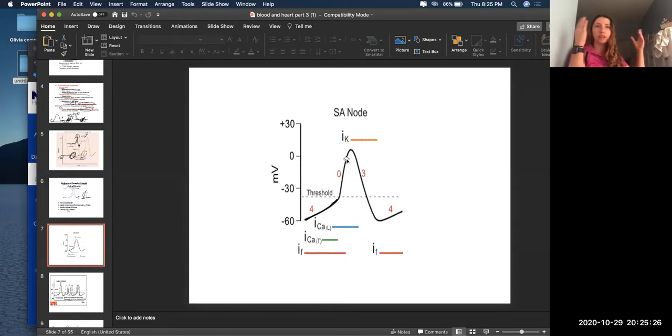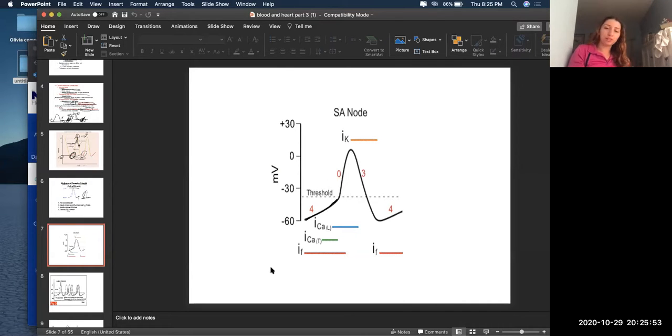So if she ever asked whether the SA node depolarizes the area in the atria, it does. They wouldn't contract it, but it would send the depolarization to the contractile cells, and they would in turn contract.